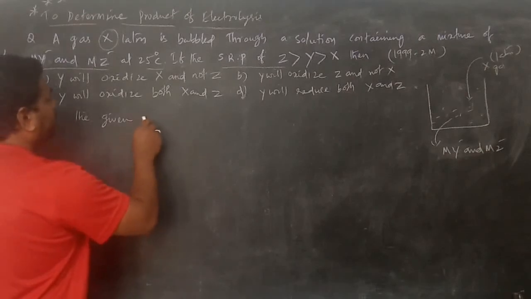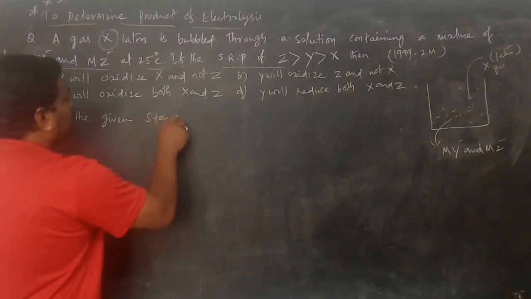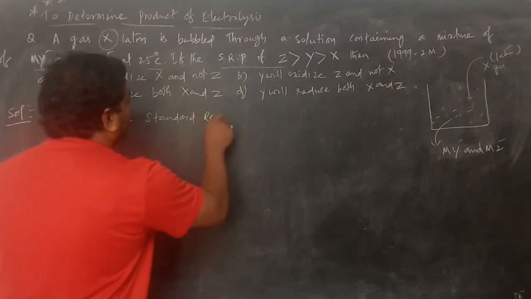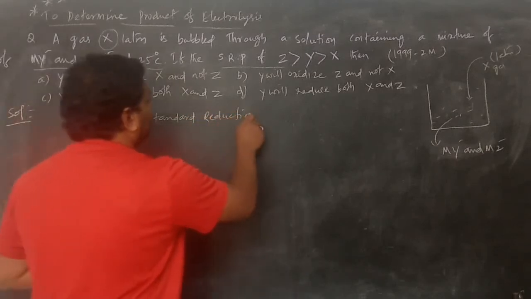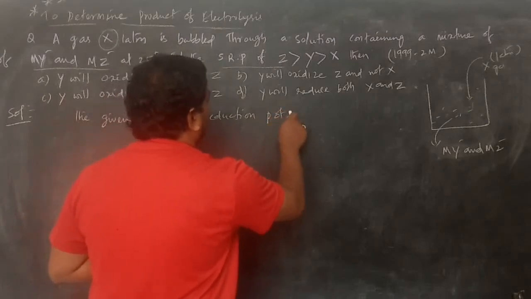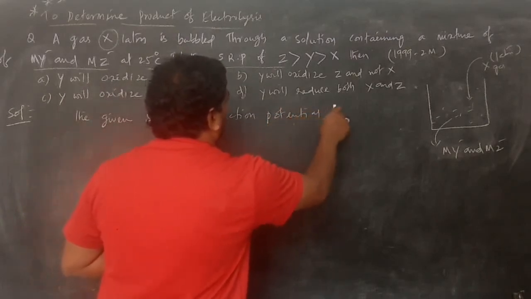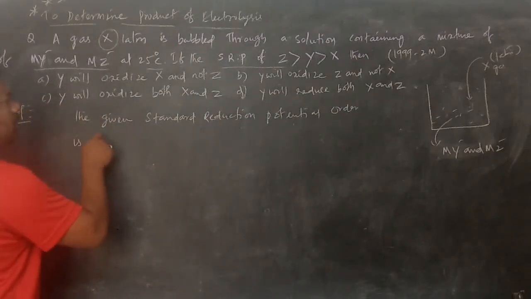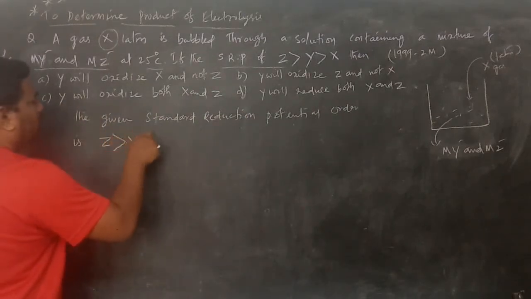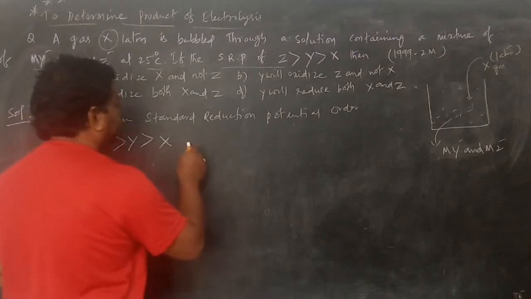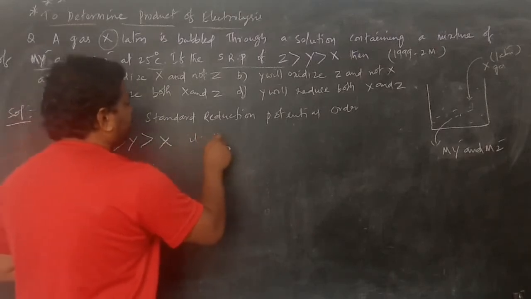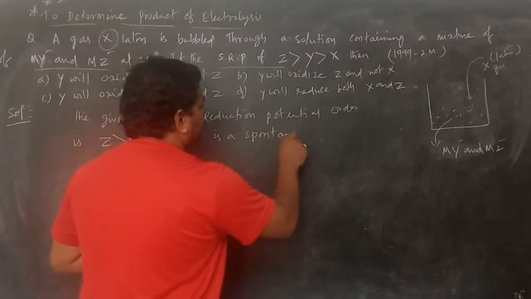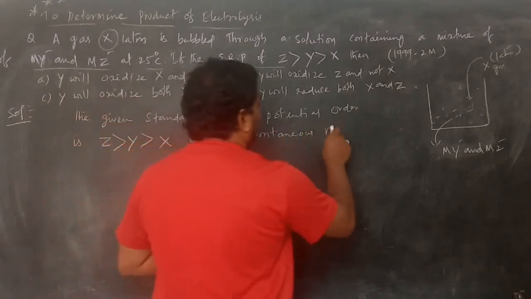The given standard reduction potential order is Z greater than Y greater than X. It is a spontaneous redox reaction.